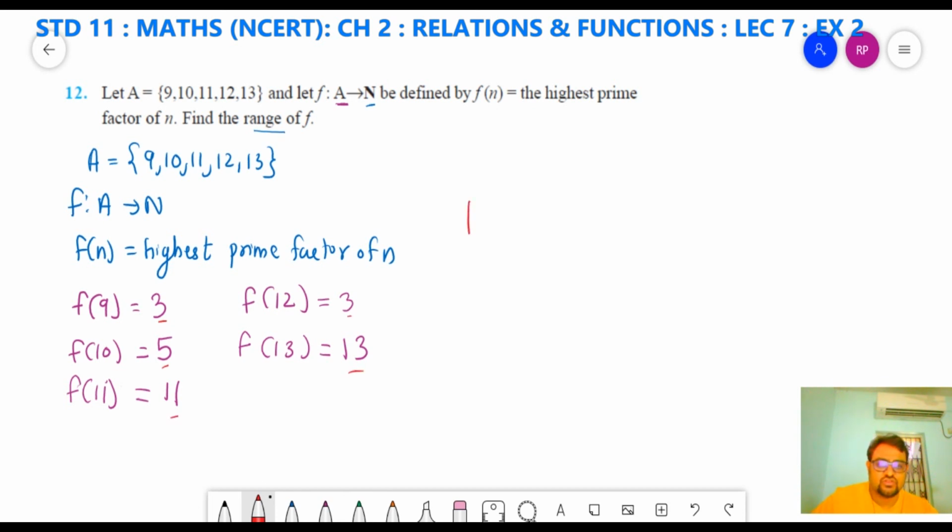So the range of the function is 3, 5, 11. 3 is repeated, so no need to write it down. 3, 5, 11 and 13. Clear? So that was about question number 12. Okay, so just note it down.